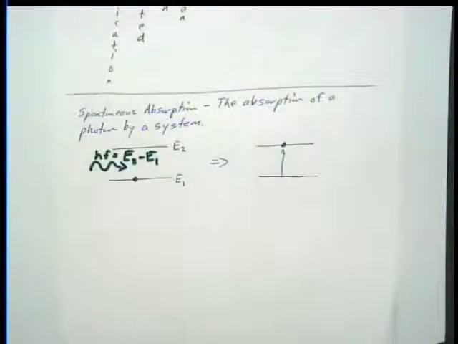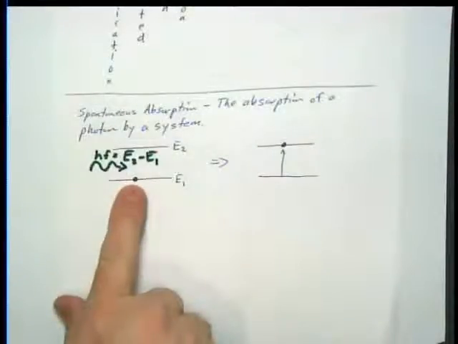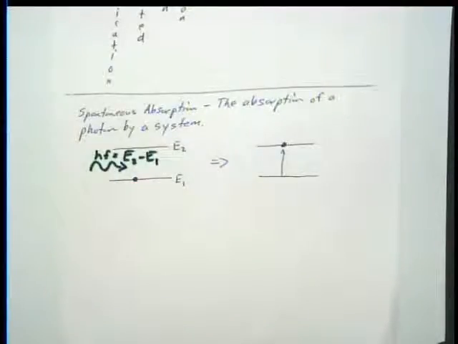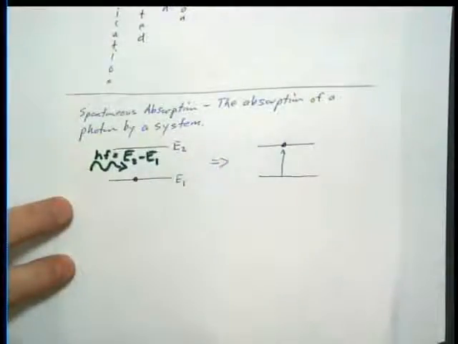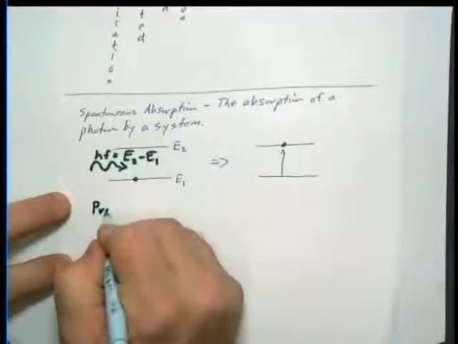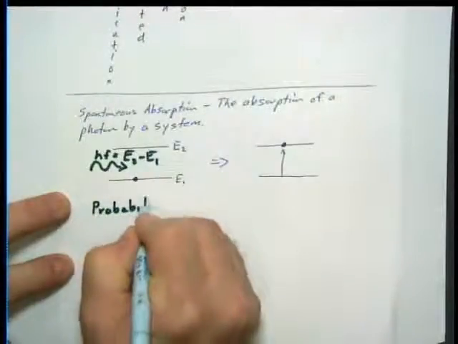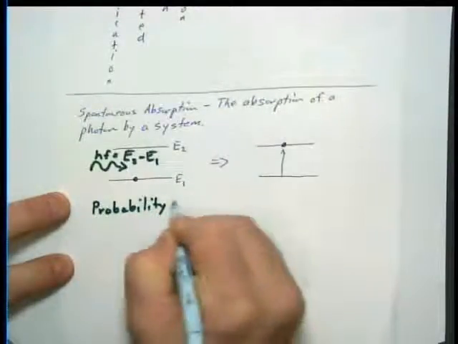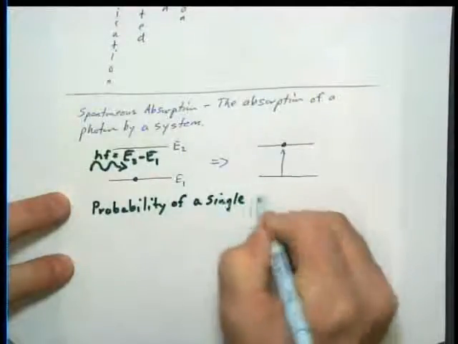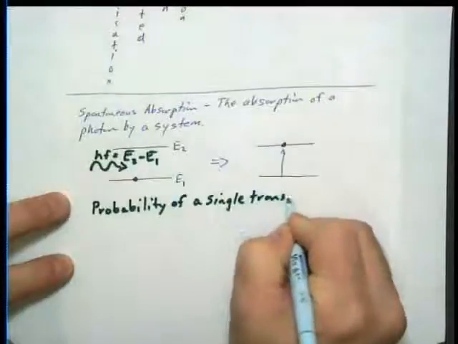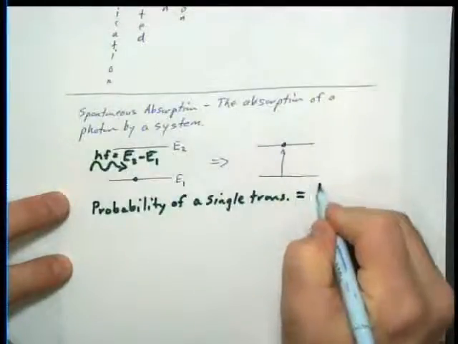Now, what's required for it to happen? Well, if there were no electrons down here, it wouldn't happen at all, right? So it does depend on there being electrons down here. There's some probability for this transition; we'll call that B12.